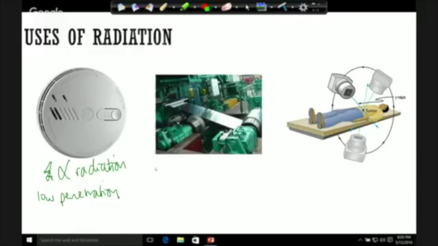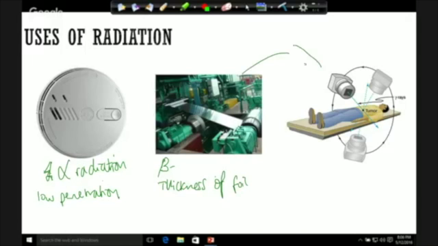Here we've got the idea of beta radiation, which can be used, for example, to test the thickness of aluminium foil, because it's stopped by a few sheets of aluminium foil. So it's sometimes used in these foil mills. And also, these are used as tracers.